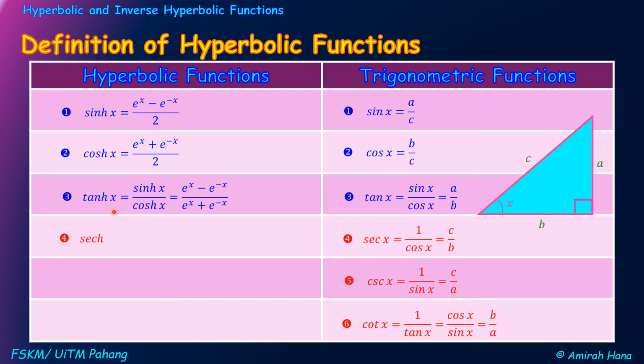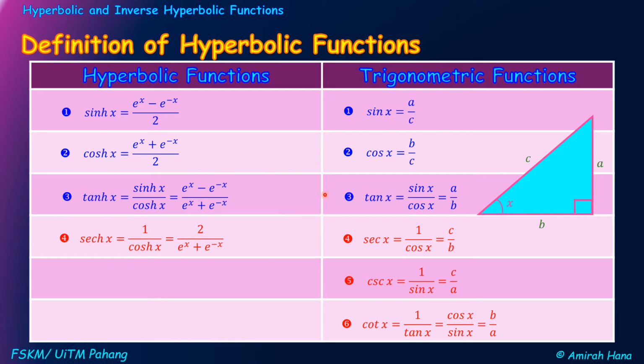And then the reciprocal function for cosh x, sech x, or we can read it as hyperbolic secant. sech x equals 1 over cosh x. Since sech x is a reciprocal function for cosh x, we just exchange the numerator and denominator here. So we get 2 over e to the power of x plus e to the power of negative x.